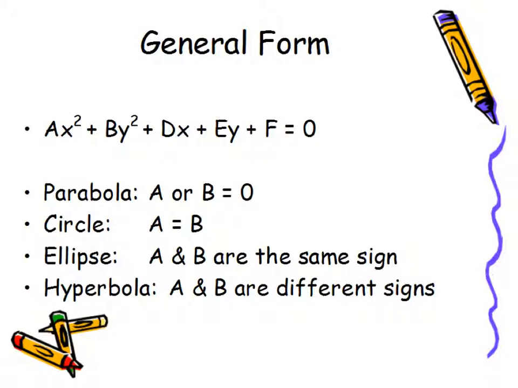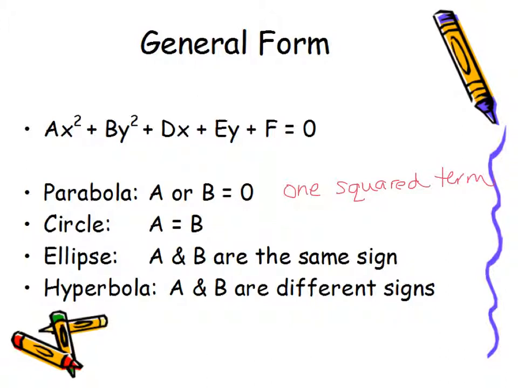So you're going to notice in the general form that either a, and I say a or b, is equal to 0, which really means this whole term would not be there. Or possibly this whole term would not be there. So you're only going to have one squared term in the equation. That's going to be your clue that you're looking at a parabola.